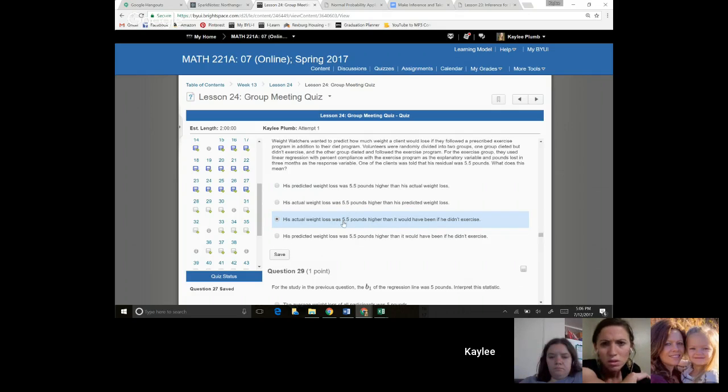So do you still think it's the second one? I do. I know last time you guys thought the other one. I don't know why. That's why I'm confused, because it didn't say anything about predicted weight loss. I remember reading a question like this in some sort of a quiz. I just can't remember what from.